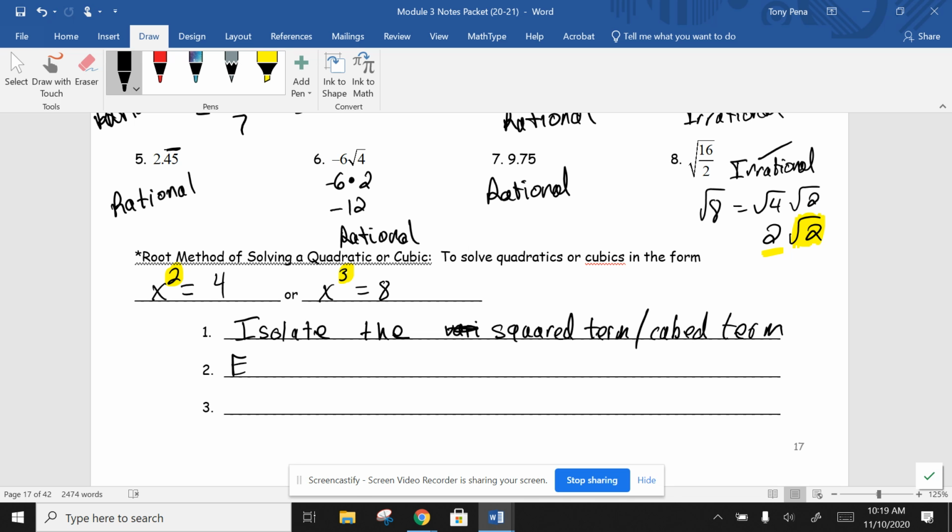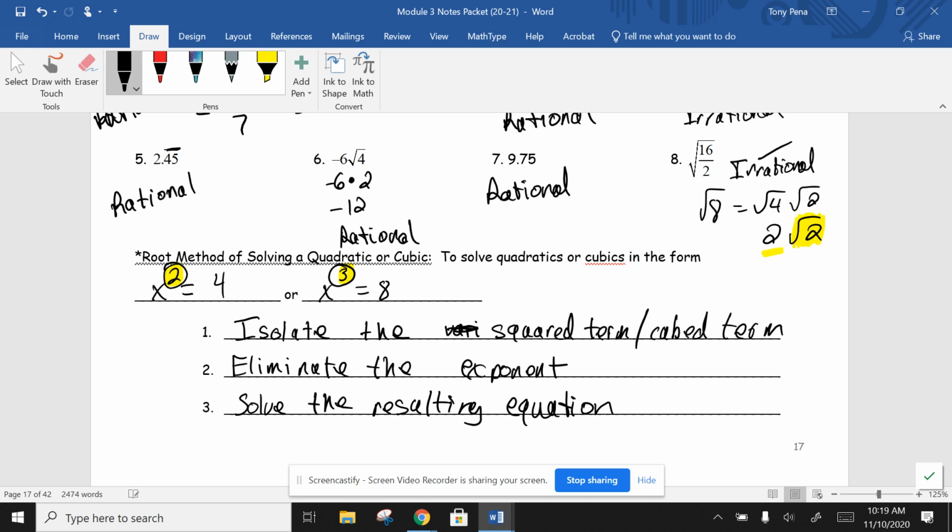Once we've done that, we want to eliminate the exponent. So we either want to get rid of the square term or we want to get rid of that cube term. And we'll talk about how we're going to do that. And then after that, you're going to solve the equation that remains. So solve the resulting equation.